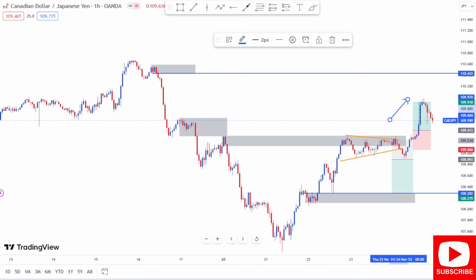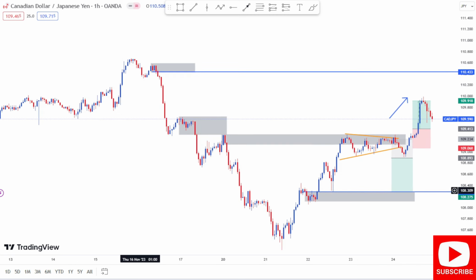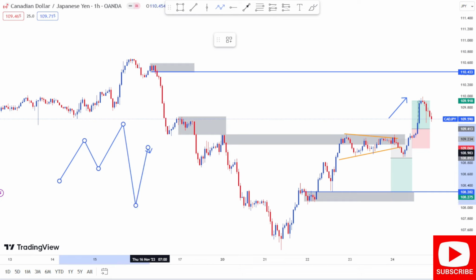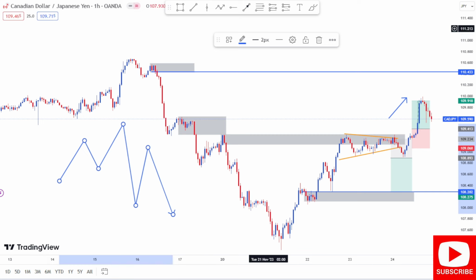If we skim back, we can see the law of Quasimodo, which is, in an uptrend, price makes a higher high, then a break of structure to the downside before reversing and dropping again. So this is exactly what happened right here.